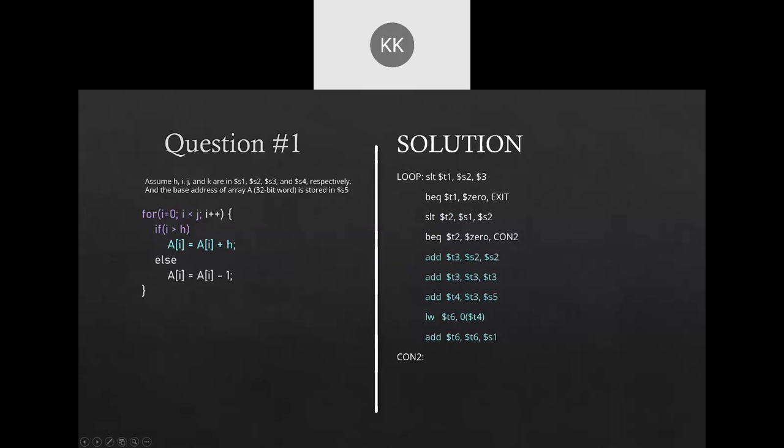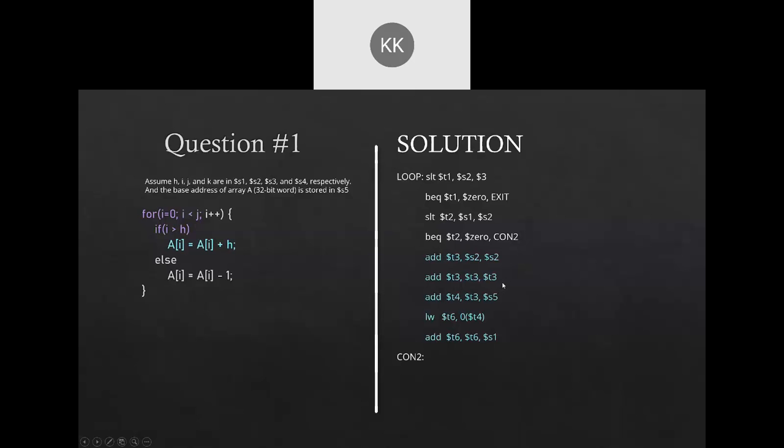Next, we set up the code that will be executed if the if condition is correct. Firstly, we add the I together to form the for I, and we load word.